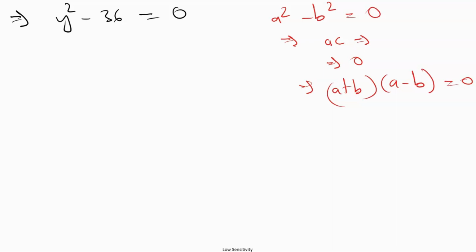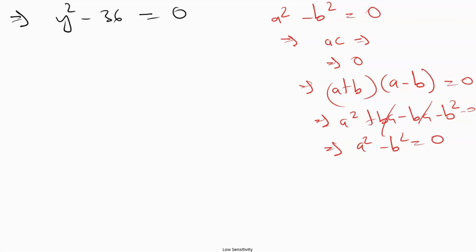If we expand this, it's going to be a squared plus ba minus ba minus b squared equals 0. This will cancel out, and you have a squared minus b squared equals 0. So we can rewrite it in this form.